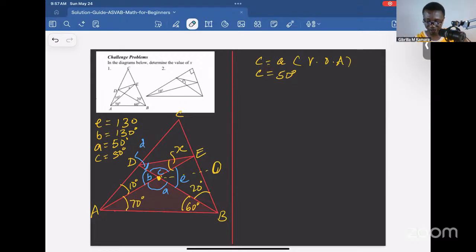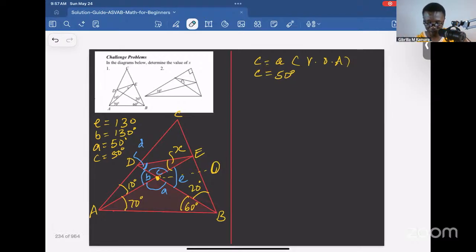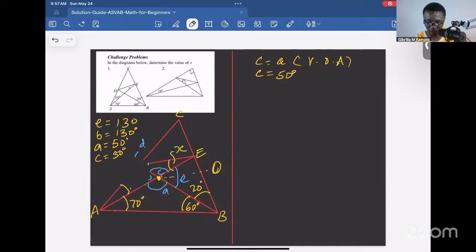Now we need this angle here, from here to here. If we can get this angle, let's say that angle is U.